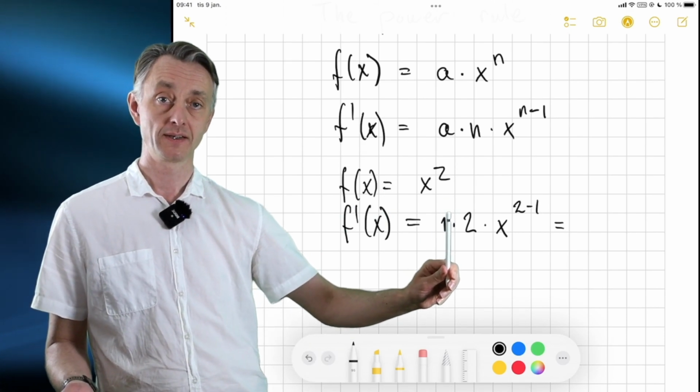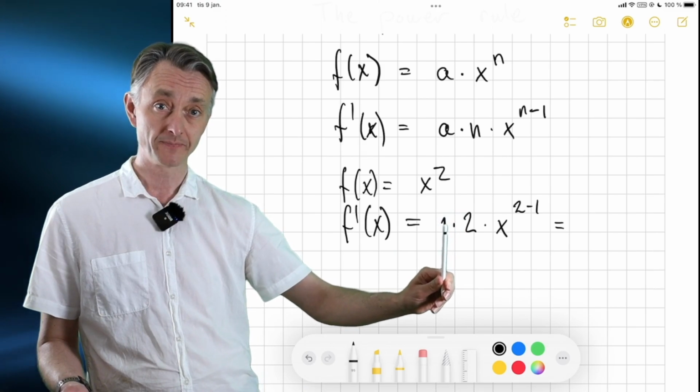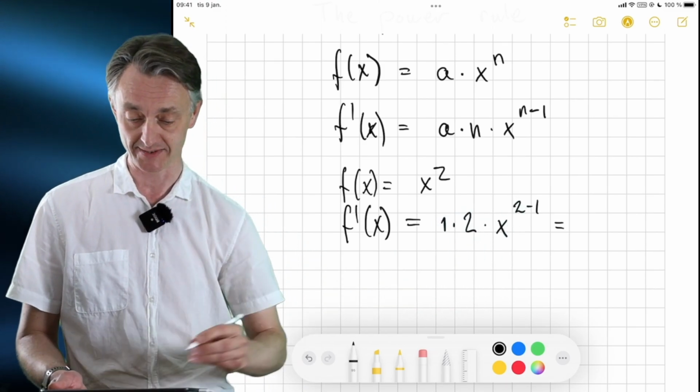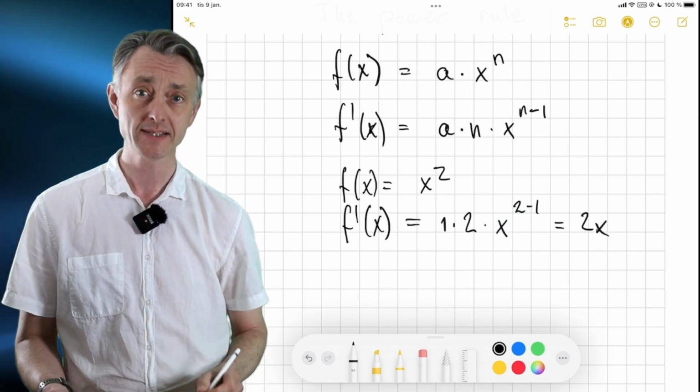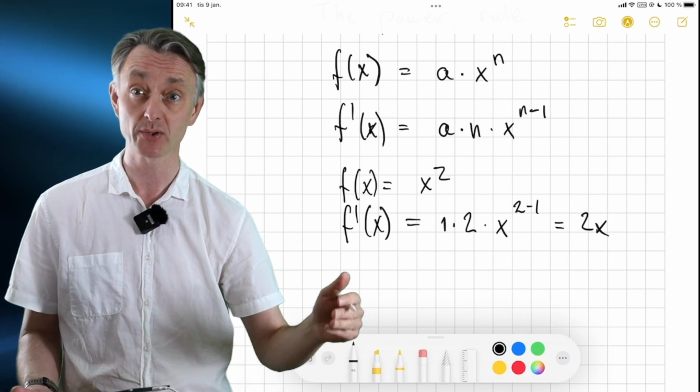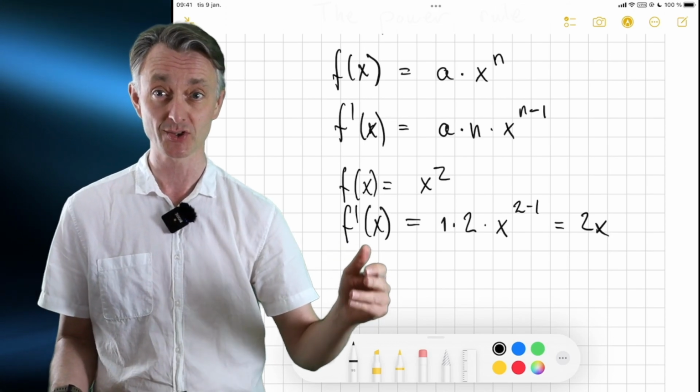So we can skip this 1 here, right? Then we have 2, and we have x to the power of 1, which is x. And yes, the rule gives us the same answer as when we derived it using the Newton quotient.